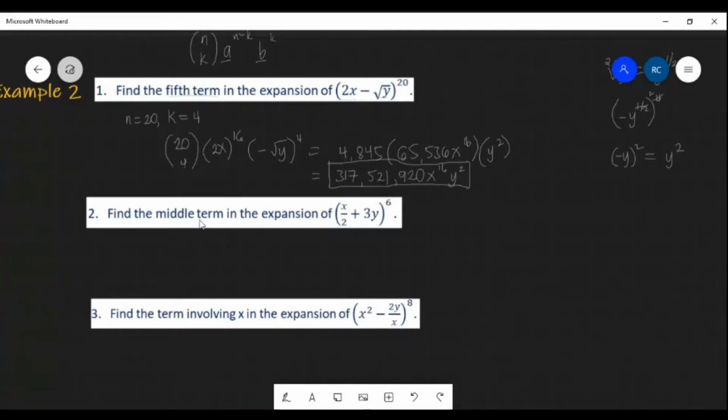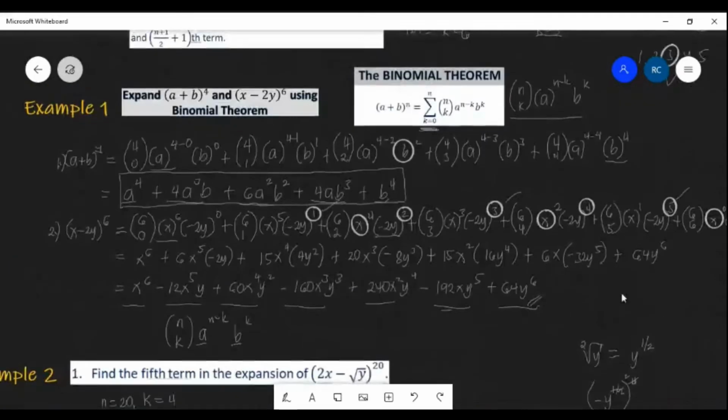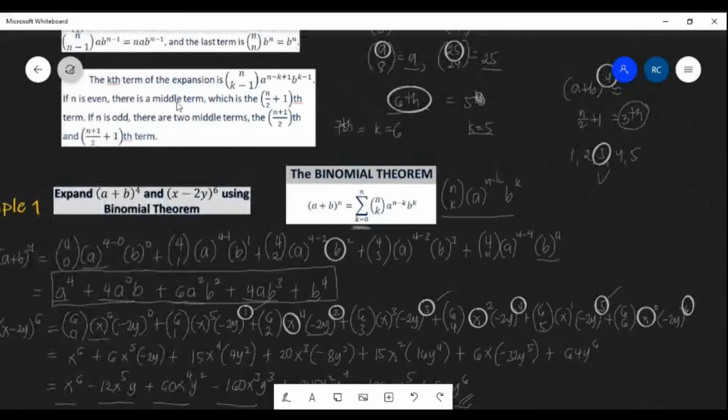Find the middle term in the expansion of x over 2 plus 3y raised to 6. Naku, middle term. Pero sinabi ko sa inyo kanina kung paano kunin yung middle term. Kapag even number, kapag odd number.